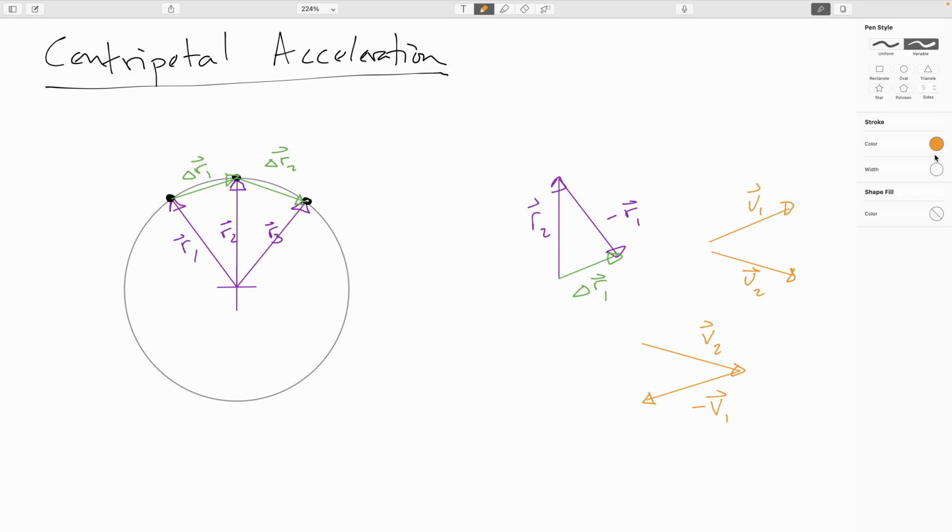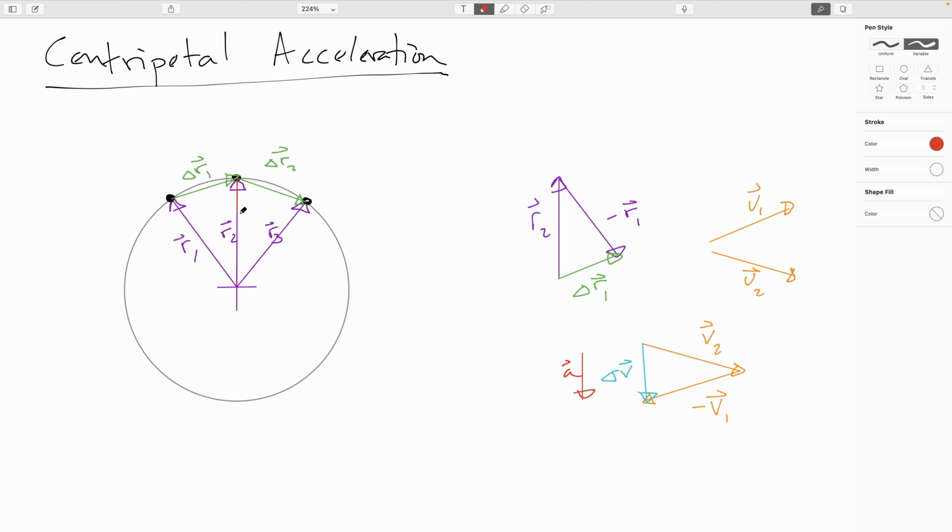And so delta v, the change in velocity, points straight down, it turns out. Cool. And since delta v points down, since the acceleration is the change in velocity over the change in time, so multiplying by 1 over the change in time is a positive scalar, that means the acceleration points the same way.